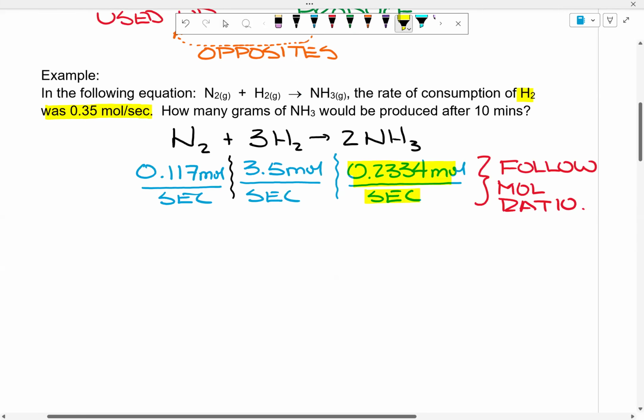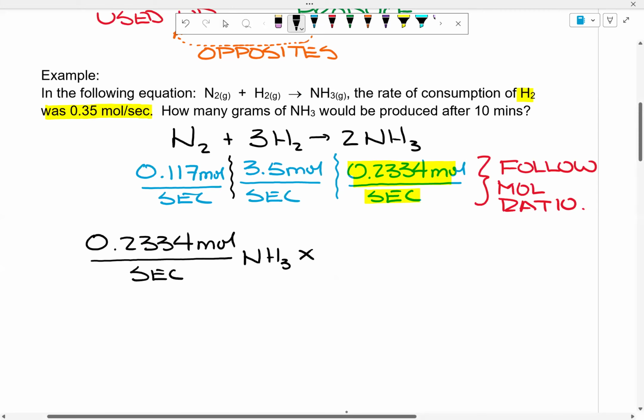So if I take the 0.2334 moles per second of NH3, I would need to multiply that by 60 seconds over 1 minute. And then I would need to multiply it by the molar mass, nitrogen is 14, so 17 grams per mole.